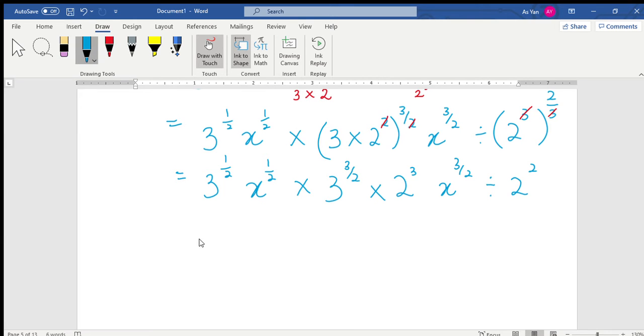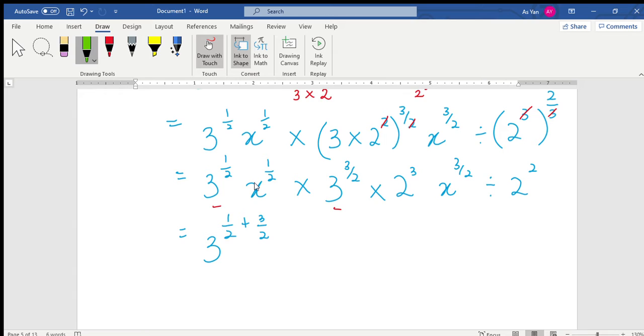now we can solve the base 3 to the power of 1 over 2. Okay, we have 3, so we can simplify because this is multiplication, the index we must plus, so plus with 3 over 2. Followed by base 2.